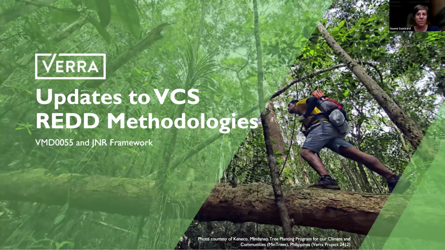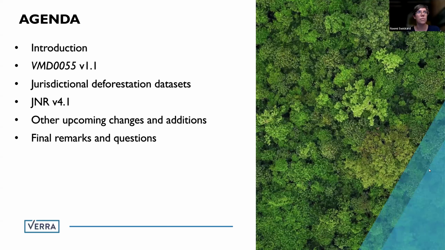Hi, everyone. Welcome. Thank you for joining us. So we have put out a number of updates in the last week or two, so we want to go over those with you today. In terms of an agenda, we will cover the updates that have been made to VMD55, which is the module for unplanned deforestation within the new VM48 REDD methodology.